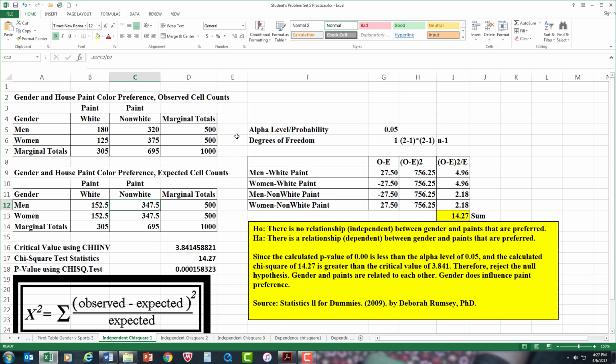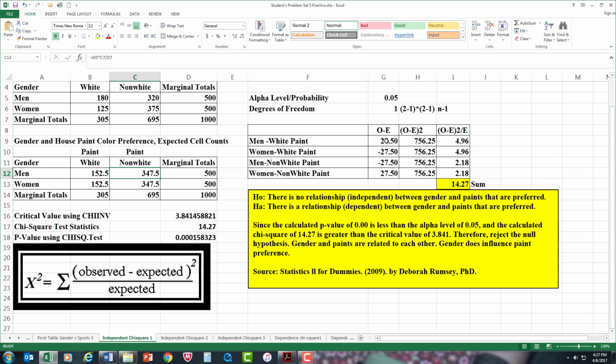Now, after you do that, you can come over here to this table, and what you want to do is take your observed number, in this case, men and white paint, and the observed is 180, so that's B5 minus B12, the expected, and you come up with that number. So do it for each one, and again, if you click into the cells, you can see the actual cells that I used for the subtraction.